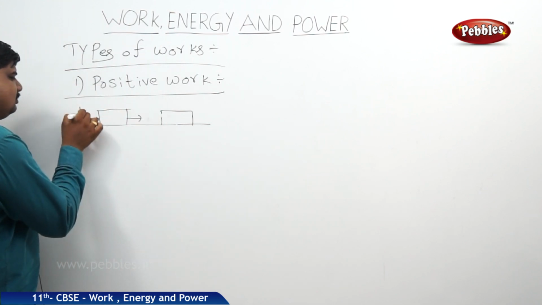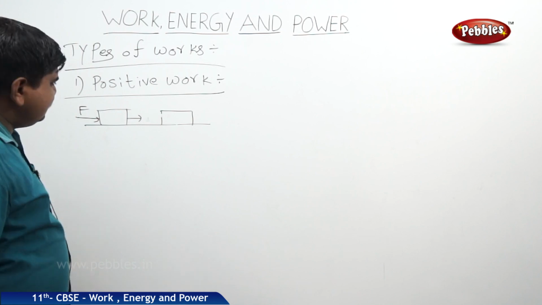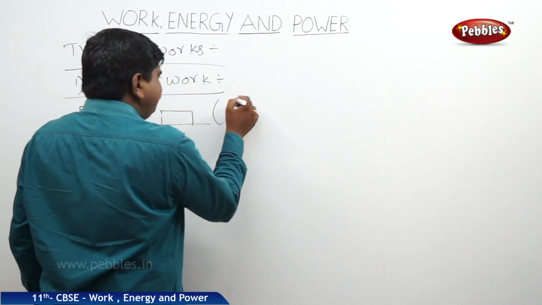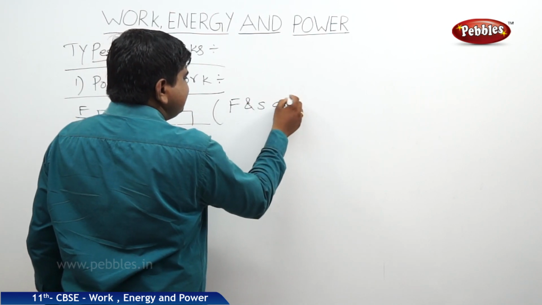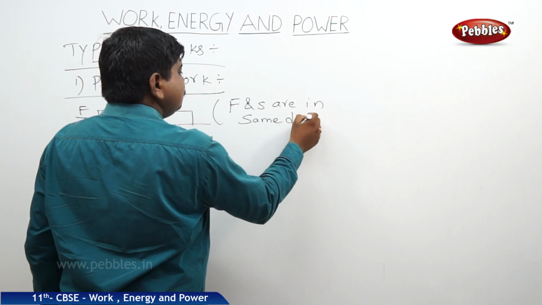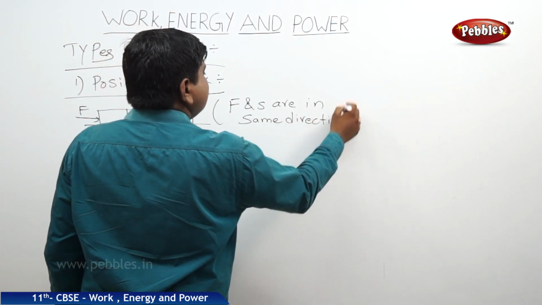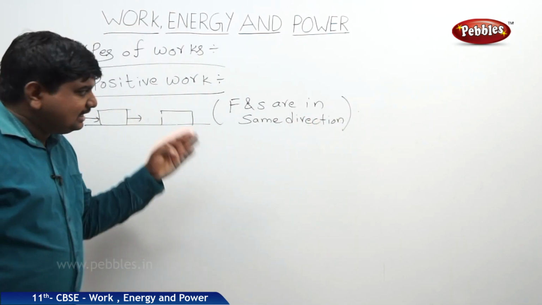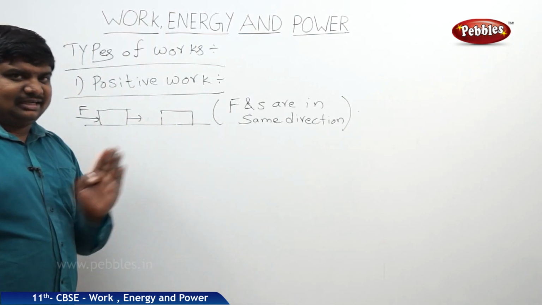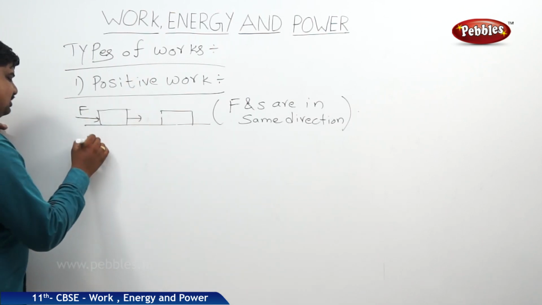Suppose you apply a force on a body which is already at rest, the body will move in the direction of the applied force. That means force and displacement are in the same direction. If force and displacement are in the same direction, then these two are said to be parallel vectors, and the work done is positive.